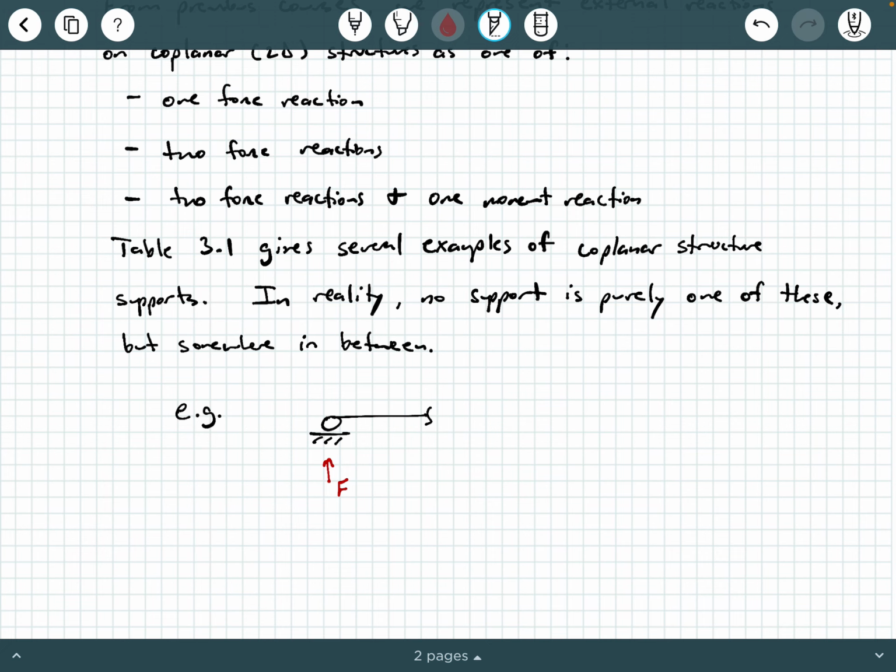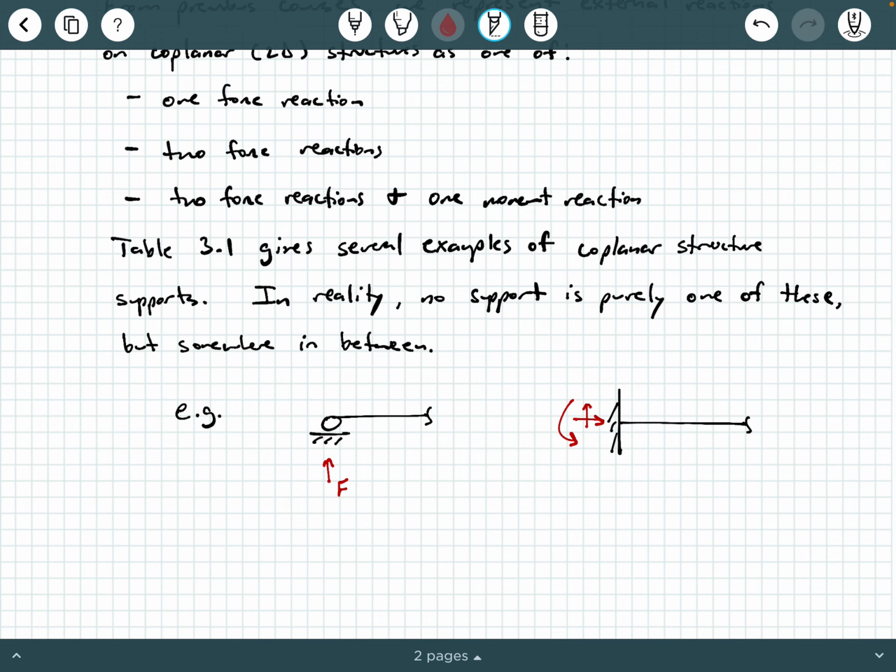Same thing if I go to the other extreme with a fixed connection. If I have a fixed connection here and we have some loading, a fixed connection tends to develop a horizontal reaction, a vertical reaction, and a moment reaction, because we say that the fixed connection is restraining movement and rotation perfectly.